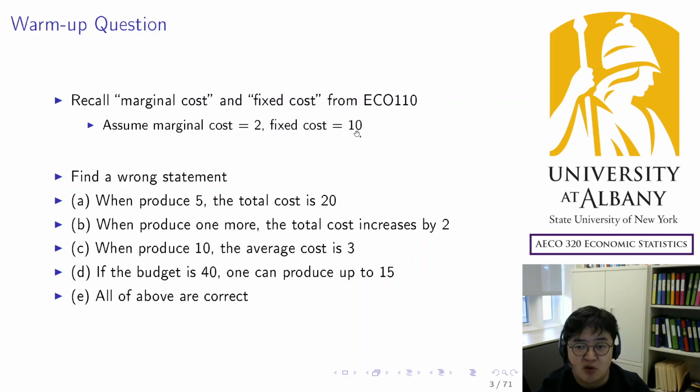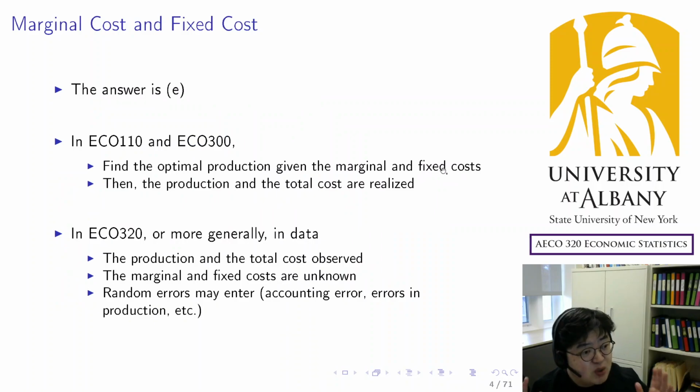If you know these two numbers, you can do pretty much anything. Of course, you need to do some calculus, but that is relatively easy. More difficult is, how do you know these numbers? So that is the problem.